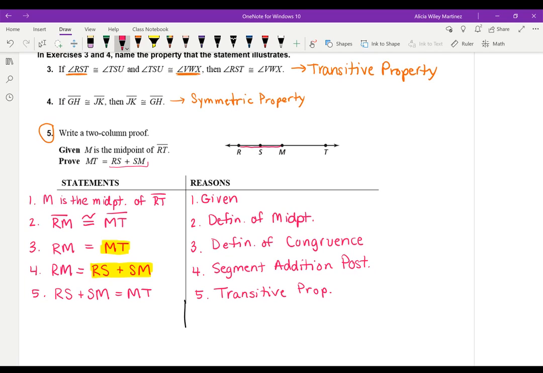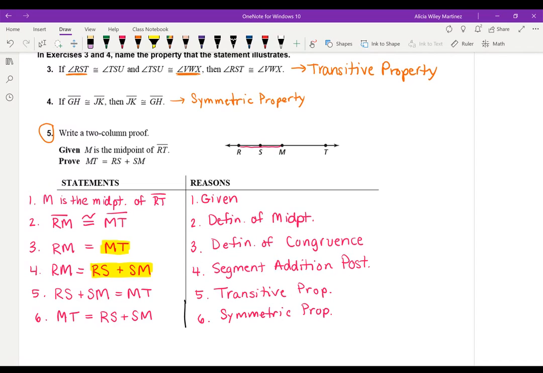I can flip this around. Remember that there is a property called the symmetric property that allows us to flip an equation statement or a congruency statement around and it still be true. And that's called the symmetric property. So I can now say that MT equals RS plus SM, and that is exactly what my proof statement is.